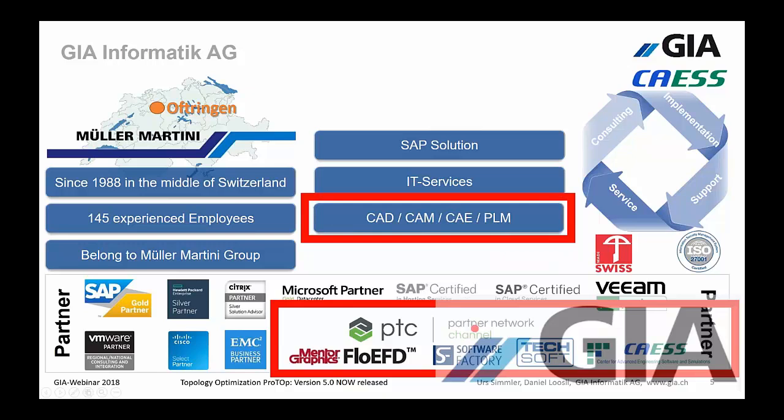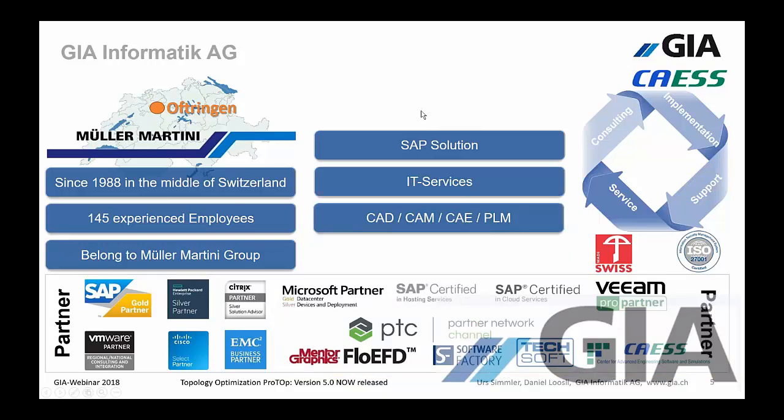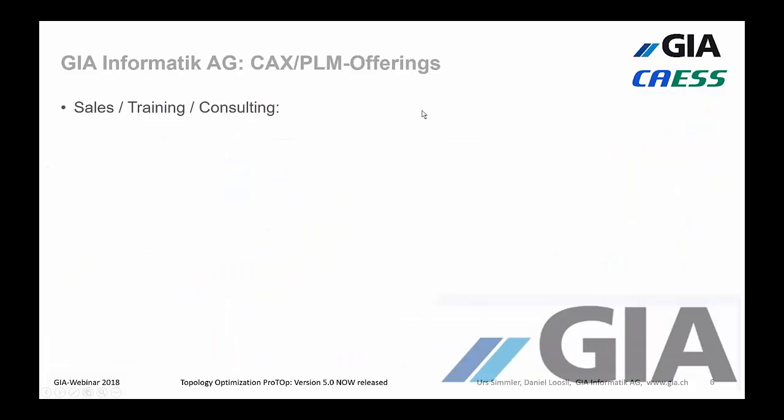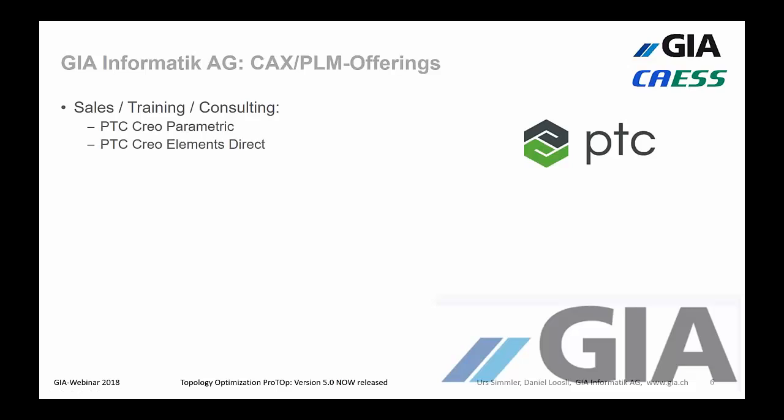Here you can see some of our software partners. So as I mentioned, we are doing sales, training and consulting mainly with PTC products: PTC Creo Parametric, Creo Elements Direct, Windchill, MathCAD, ThingWorx, Gate.